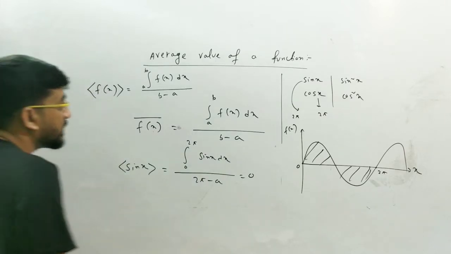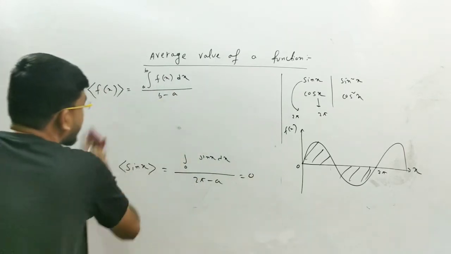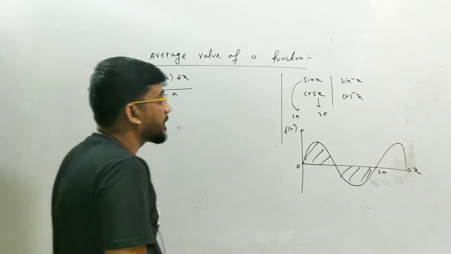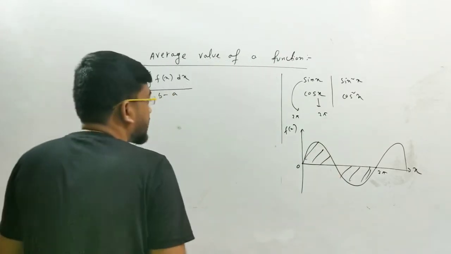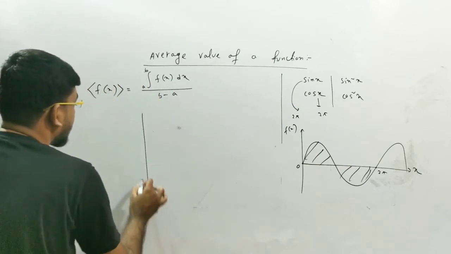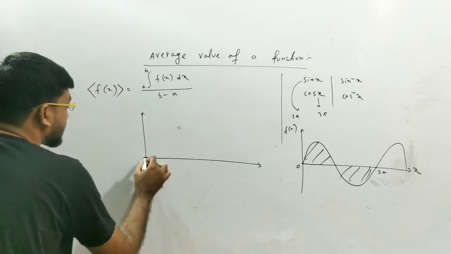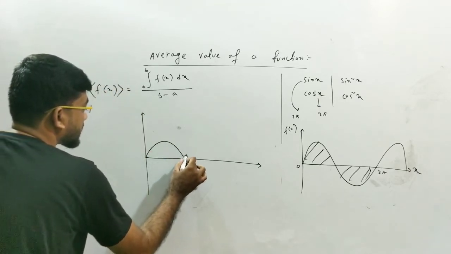But if you want to find out the average value of sin square x and cos square x, then this is something different. What is the period of sin square x and cos square x? If you again draw the graph of sin square x, then the graph will be something like this.